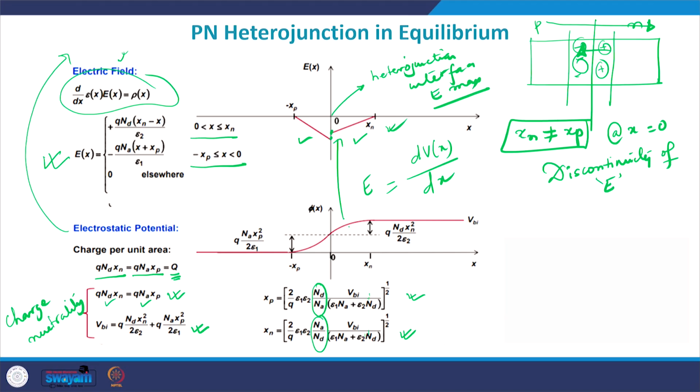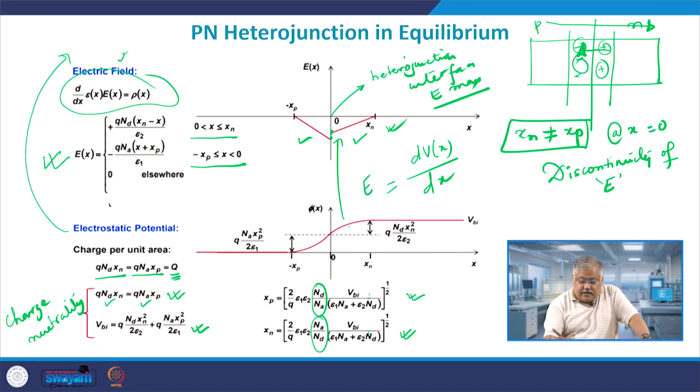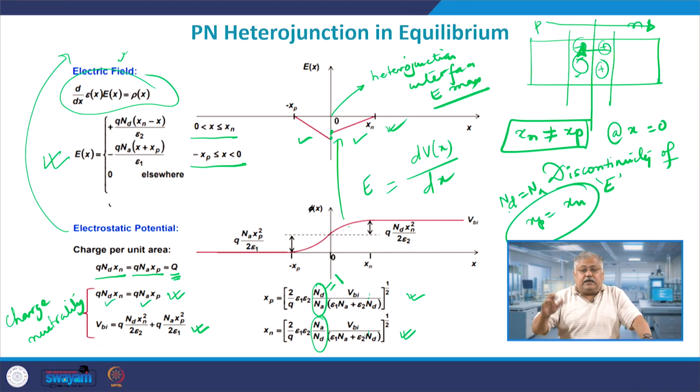Now if Nd equals Na, then this quantity will be equal to 1 and your xp will be exactly equal to xn, right. And that is the case when your doping concentrations both on the n side and p side are exactly the same. In that case you will get equal values of xn and xp, and the electric field will also be the same in both directions.